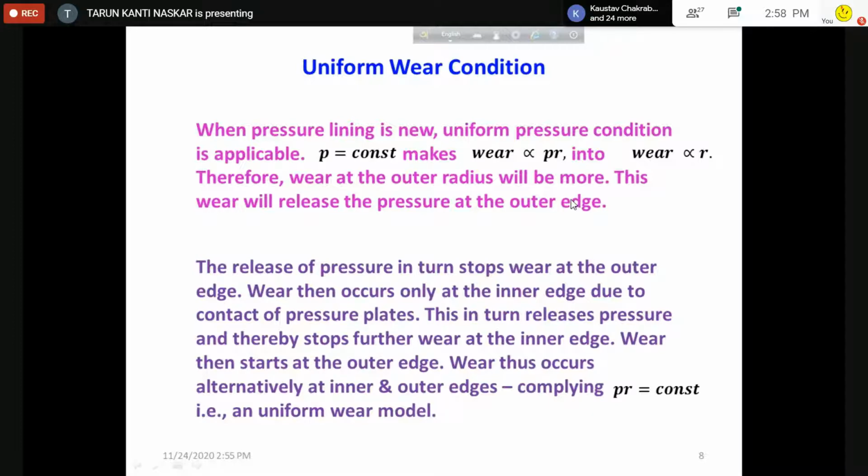The process gives birth to this mechanism, that is PR equal to constant. Is it clear to you? Yes, sir. Okay.